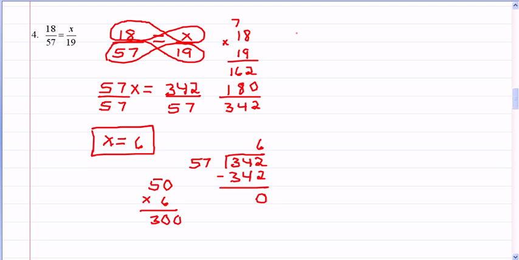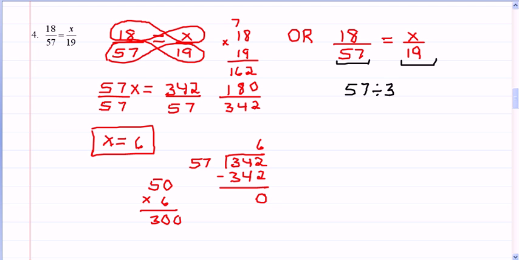I do want to show you on this problem another way that this could be solved. So I'm just going to rewrite the problem as 18 over 57 equals x over 19. If I take this denominator and this denominator, 57, and if I divide 57 by 3, I get the other denominator.